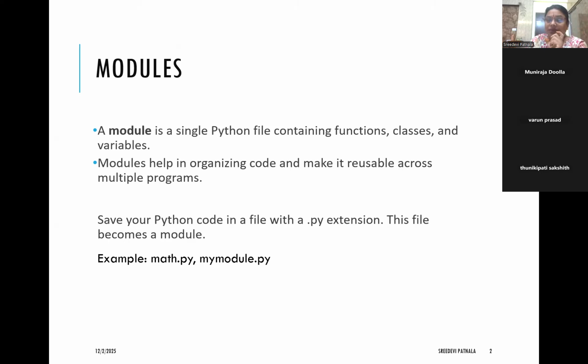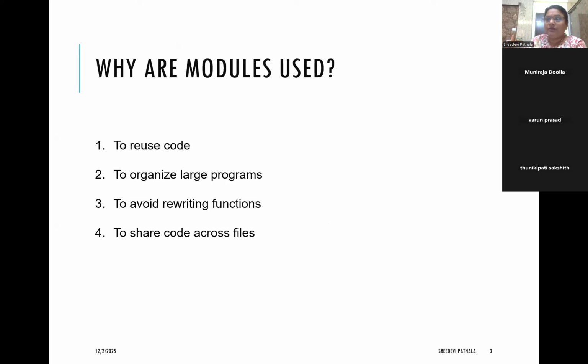These are the different types, which I will cover in the next few slides. Why are modules used, which I covered already: they can be used multiple times, for organizing, with no need of rewriting functions, and for sharing the code across files, meaning across the entire Python directory you have. Wherever you want to move around or reuse, you can do it.